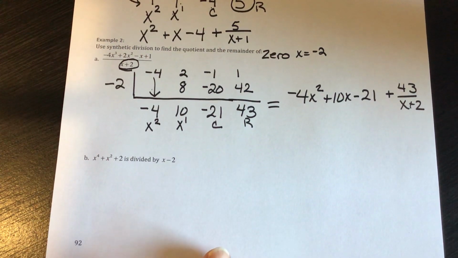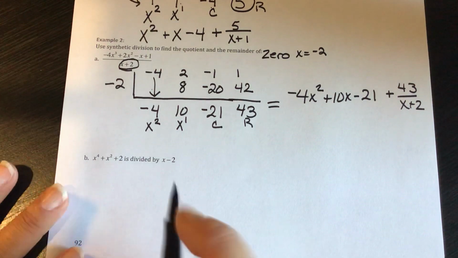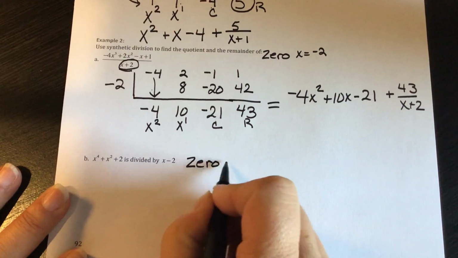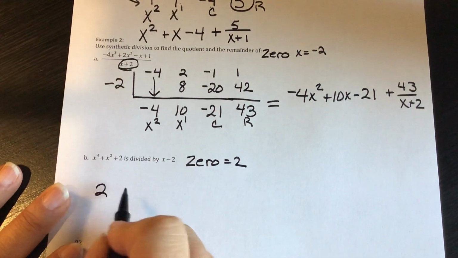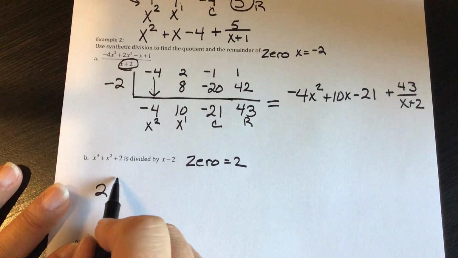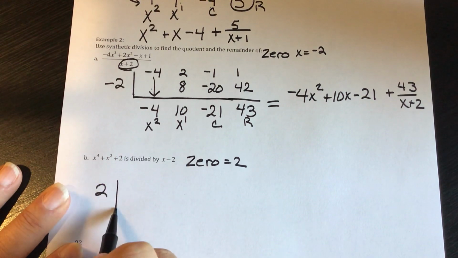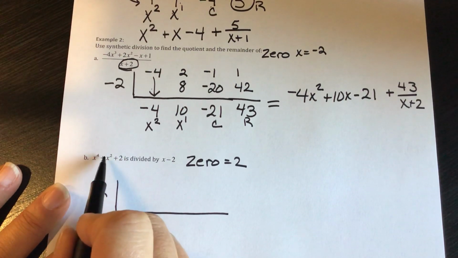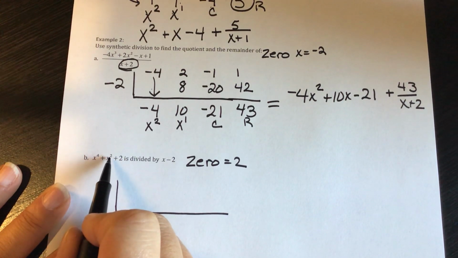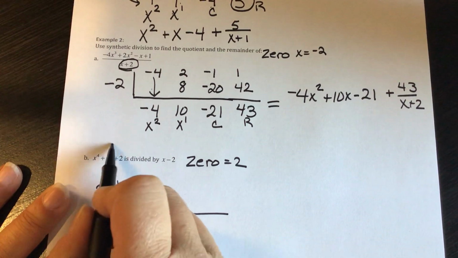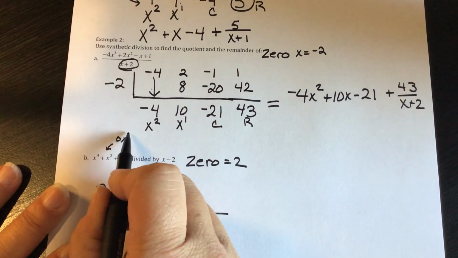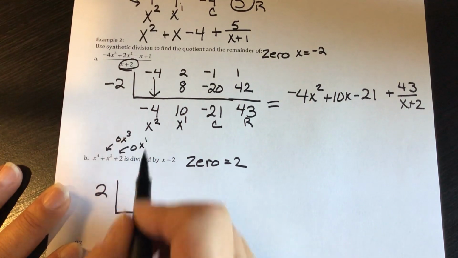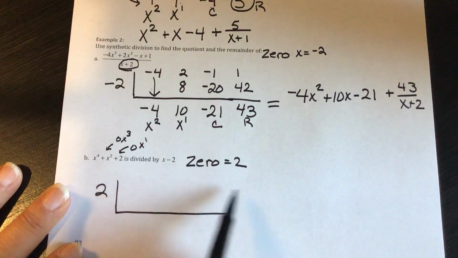In part B here, I'm going to divide by x minus 2, so my 0 is 2. So in my chart, I'm going to start with a 2. And looking at my exponents, I have 4, I'm missing a 3, I have a 2, I'm missing a 1, so I have 0x third here, and then I have a 0 x to the first power here, and I have to include those coefficients.